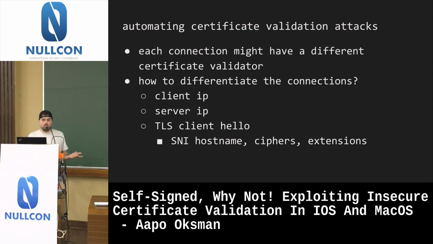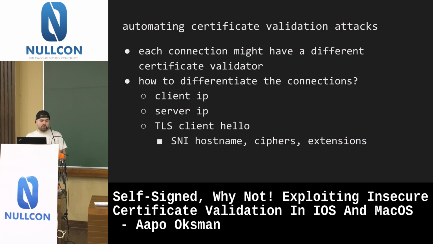And for that, we can use some kind of public data in TLS. So you have a client IP, server IP, obviously, and then you have a TLS client hello. How TLS works is that the client first sends these hello packets saying I want to connect to you using TLS, and there's a lot of information that we can use.